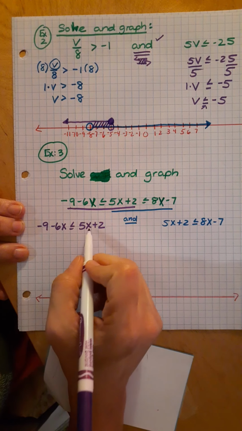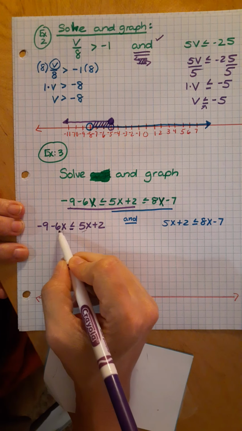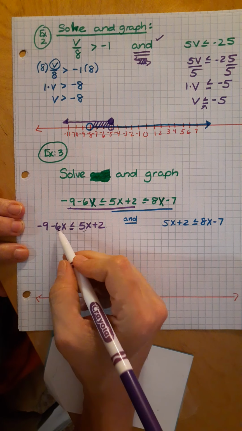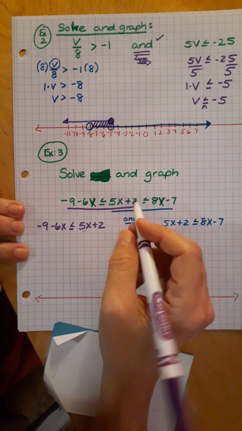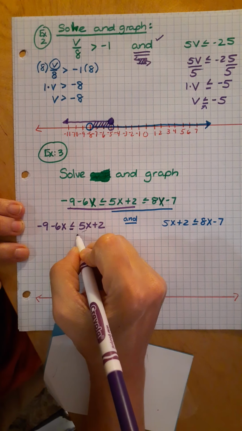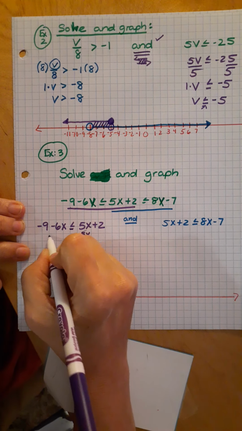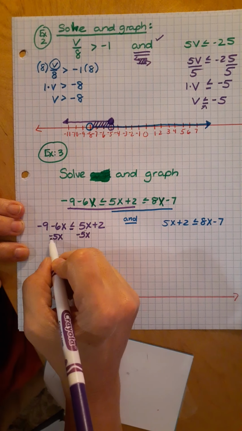We have a variable on each side. Because this is an inequality, I highly recommend we move this one over, even though it's positive and that one's negative, because with inequalities people make mistakes if the x is on the other side. So let's start with -5x, -5x. -6x minus 5x.